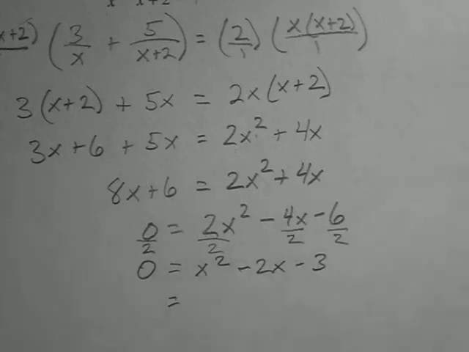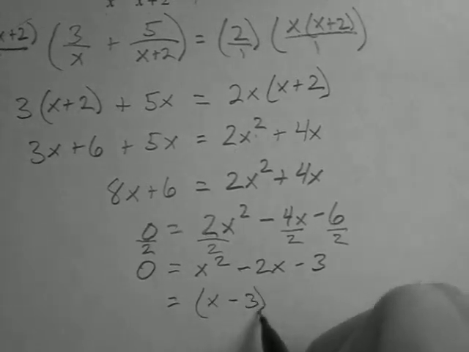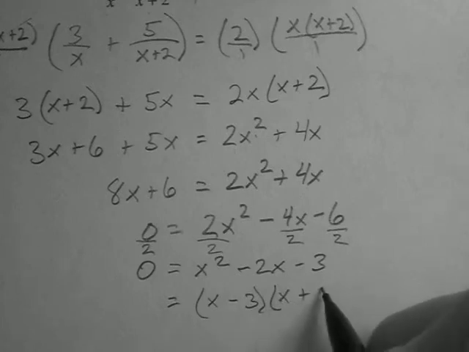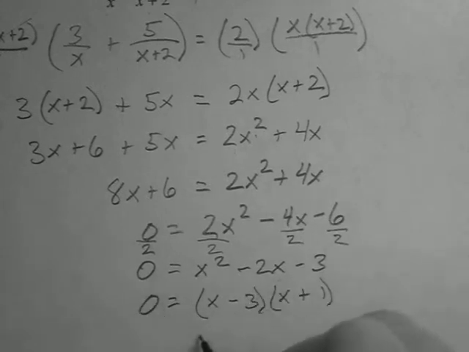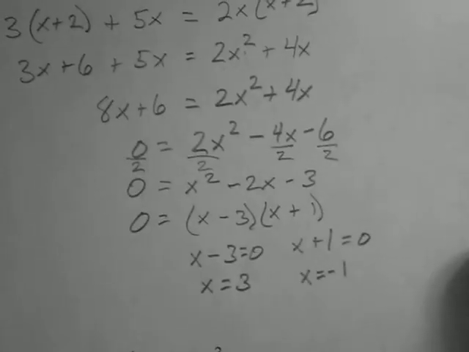And this factors pretty simply, so I'm going to say x minus 3 times x plus 1. And using the zero product property, I get x minus 3 equals 0, x plus 1 equals 0, so x equals 3, and x equals negative 1.